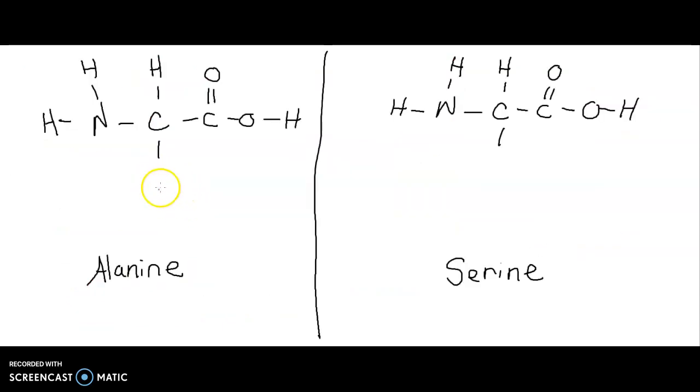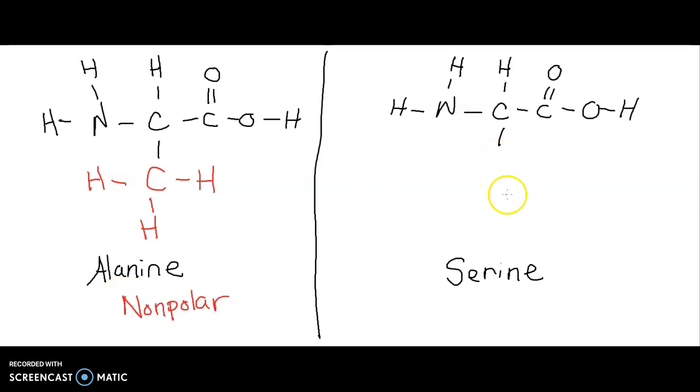So to help understand the idea of R groups better, let's look at 2 amino acids. We're going to draw alanine as an R functional group on the left here and serine on the right. In alanine, the R group is just a simple methyl group, CH3. If you recall, carbon and hydrogen have very equal electronegativity, making alanine a very nonpolar amino acid.